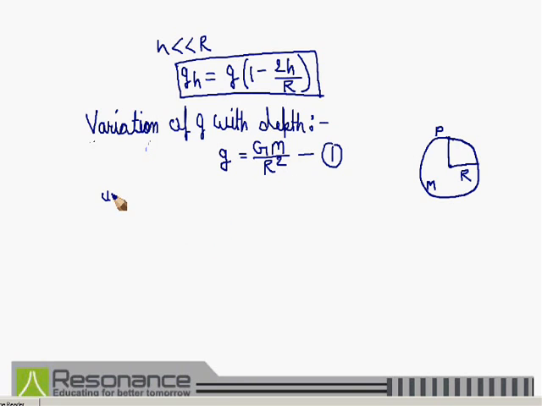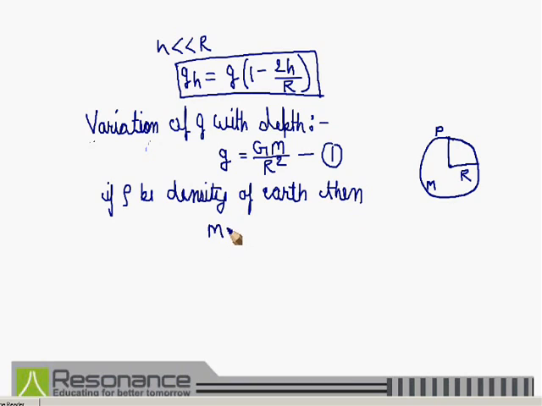Now, if rho be the density of Earth, then the mass of Earth is given by 4 by 3 pi R cube rho.